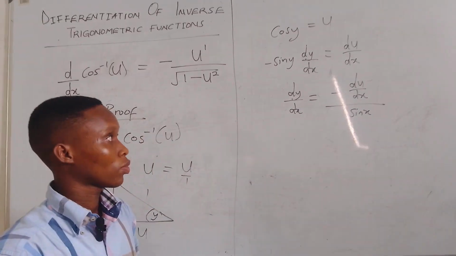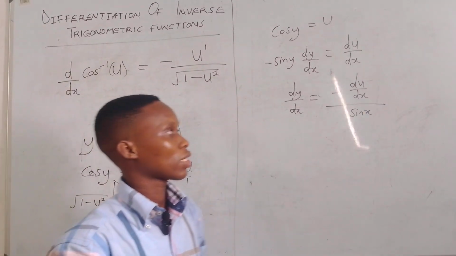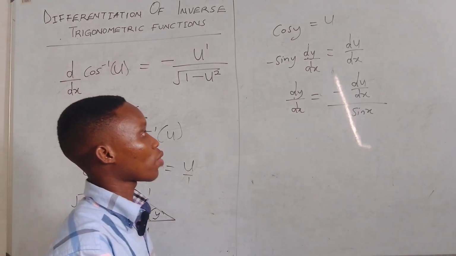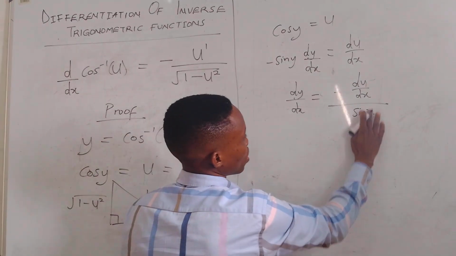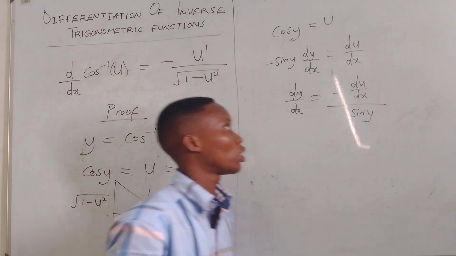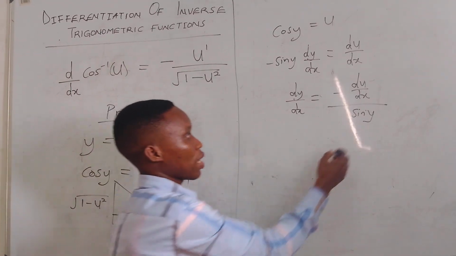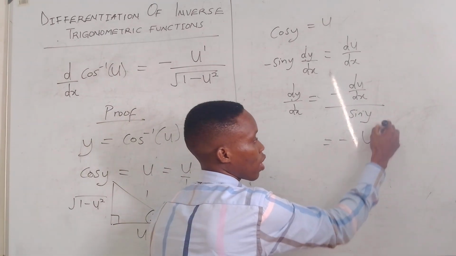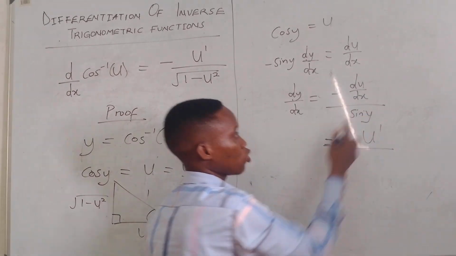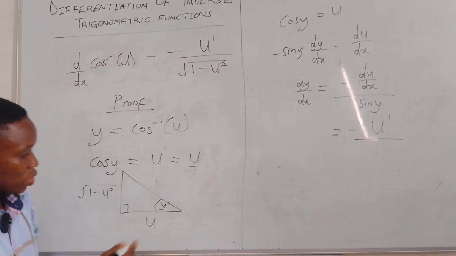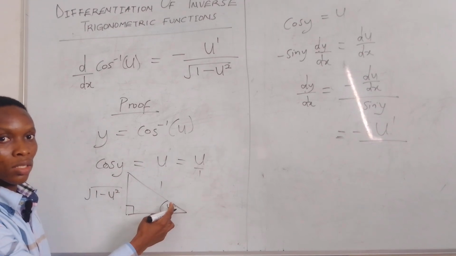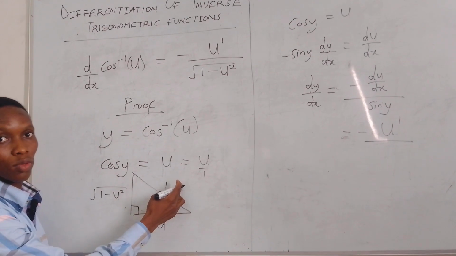So du over dx can be represented by just u prime, divided by sine y. Now let's go. We said these are y. Sine y is opposite over hypotenuse.